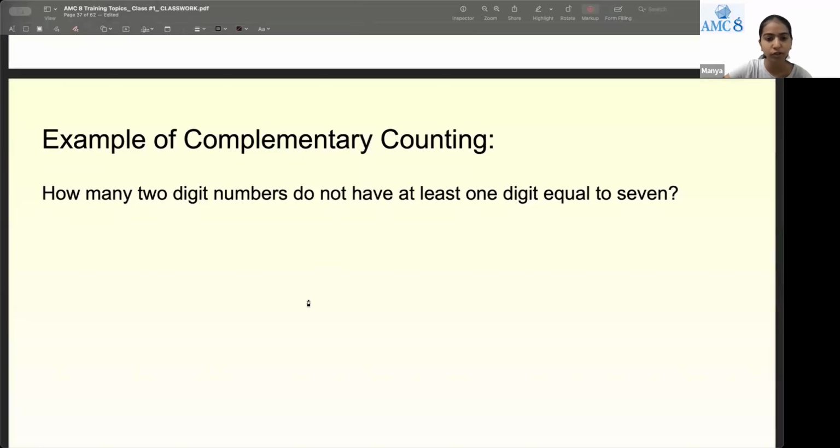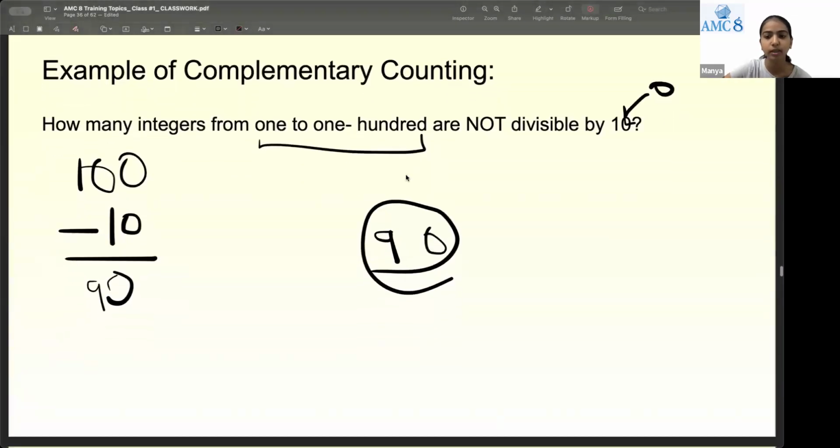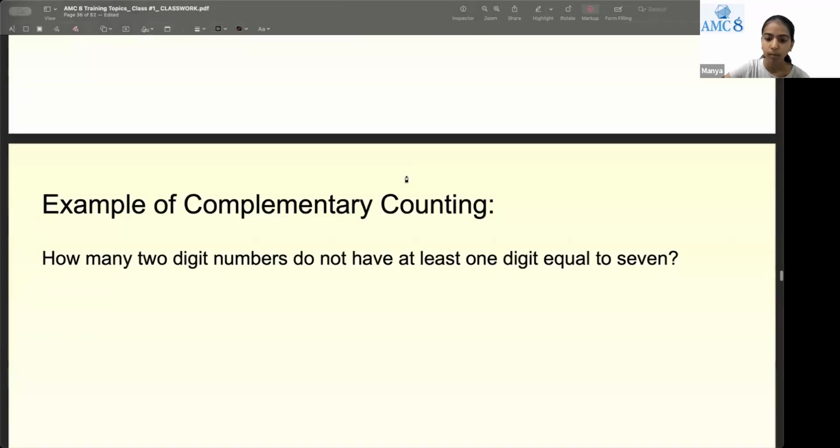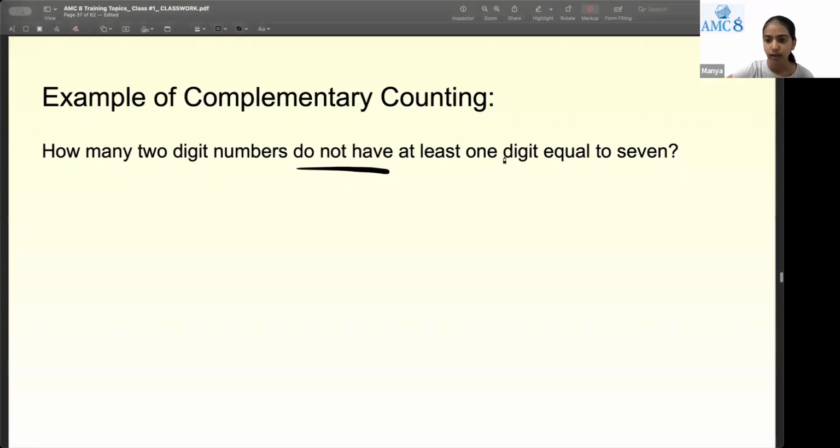How many two-digit numbers do not have at least one digit equal to 7? This is basically the same problem, except now they're asking how many two-digit numbers do not have at least one digit equal to 7. So how many of these two-digit numbers are there?